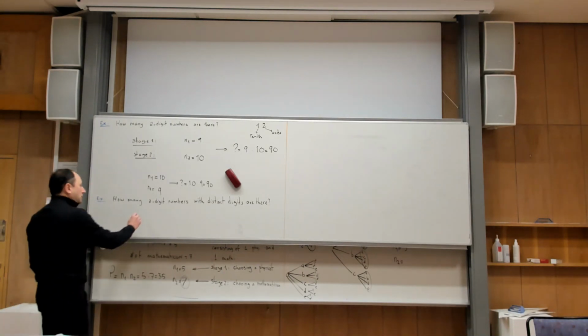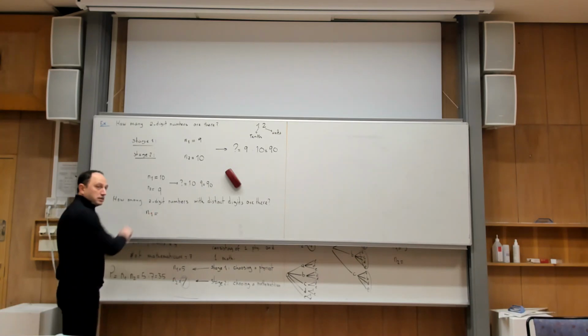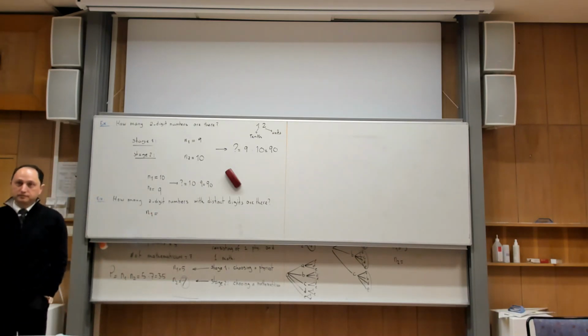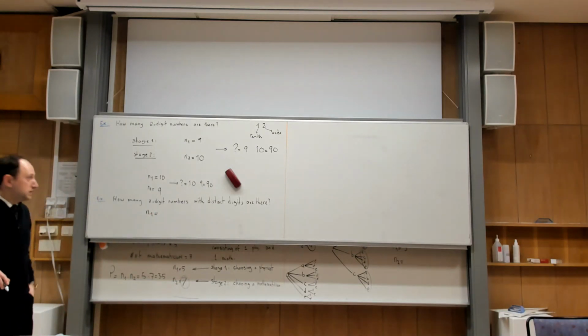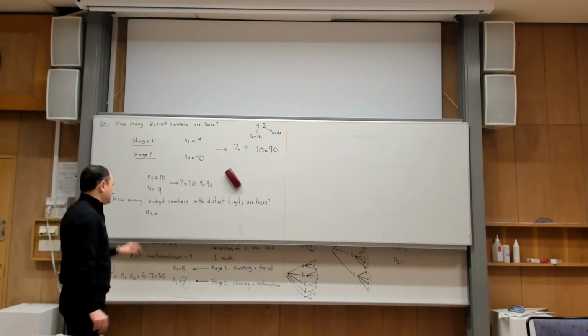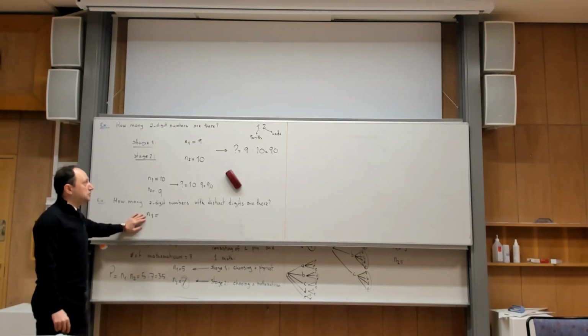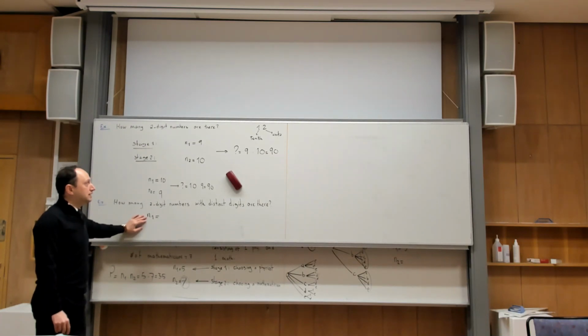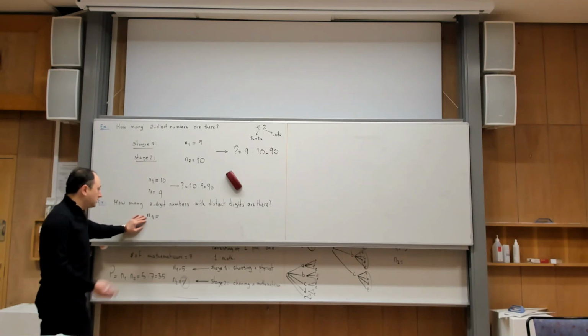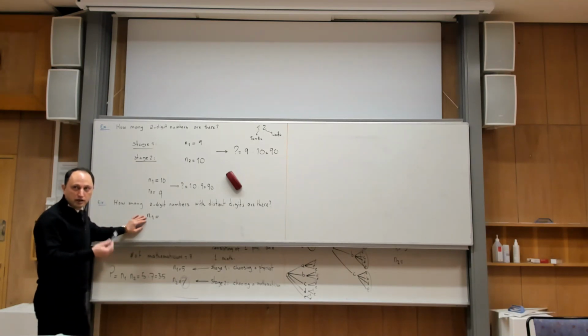Okay, how many options are available for me in this one? No, I'm just writing it naturally, from left to right. Yes, N1 is the number of options for the tens digit. How many of them are there? The only problem for me is 0. I cannot choose 0.